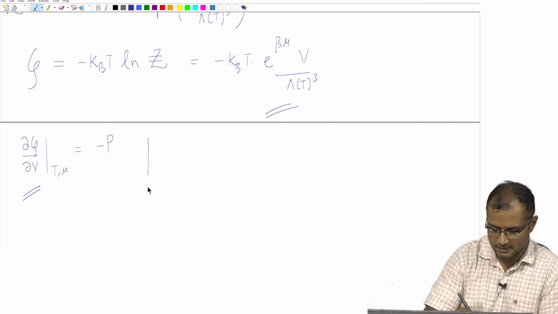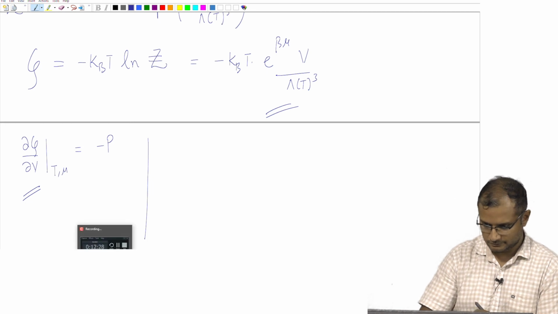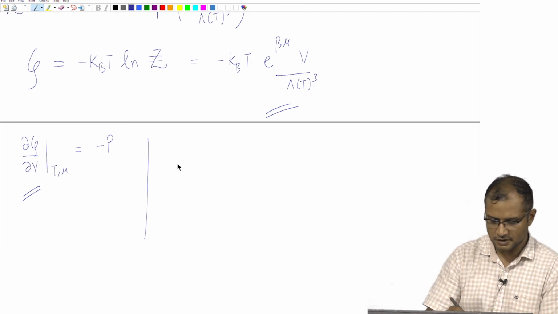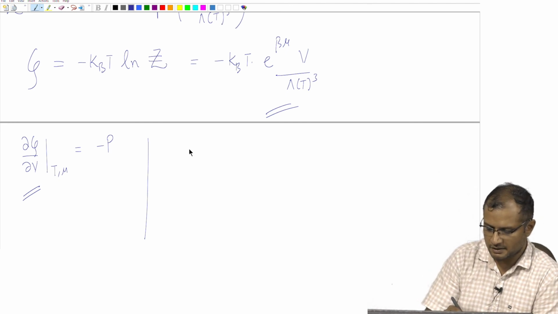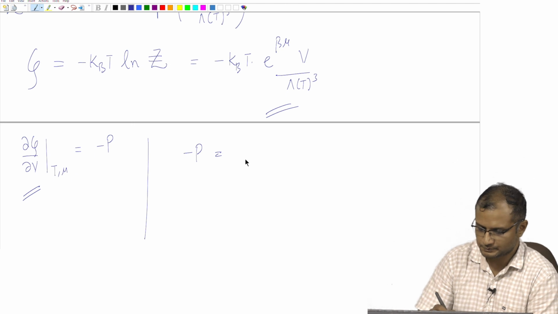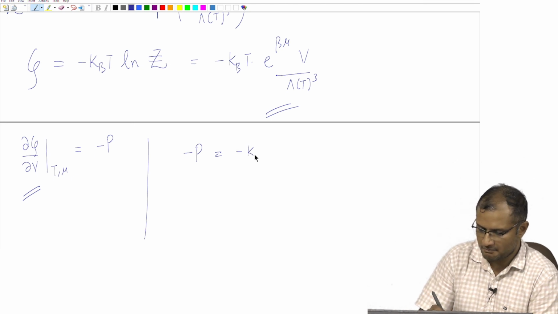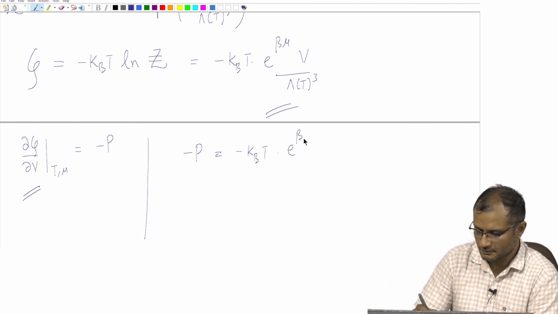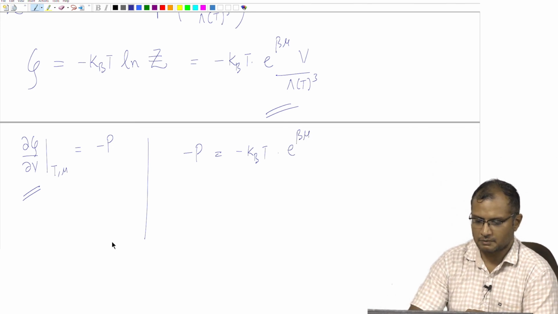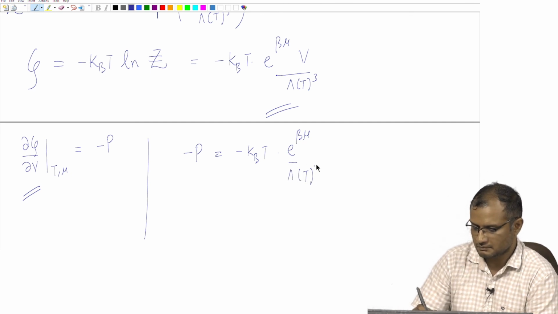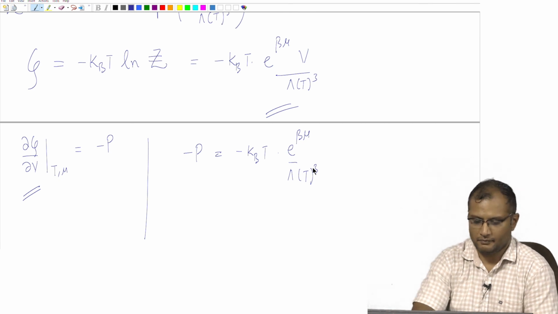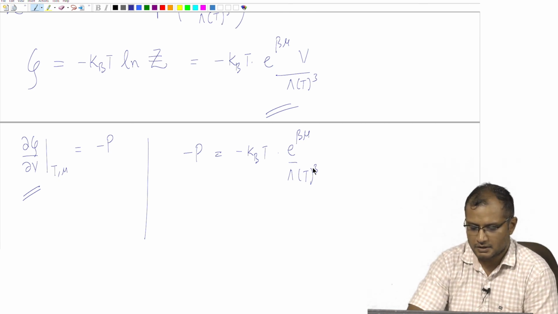So, let us do this. The derivative with respect to volume at constant T and mu will simply give me minus pressure, which is minus kB T, where temperature and chemical potential are constant.